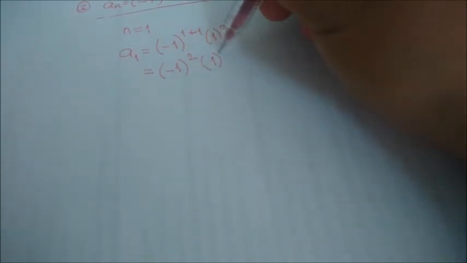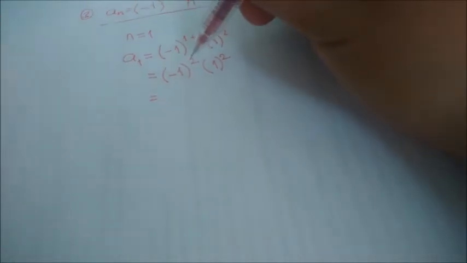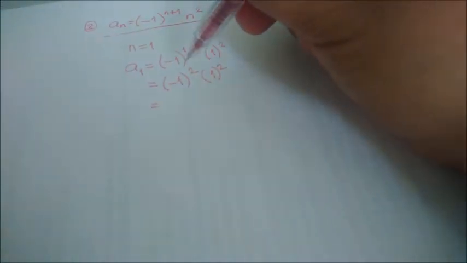Now, simplify natin. Negative 1. So sa exponent, we have 1 plus 1. That will be 2. Tapos, 1 squared. Negative 1 squared. It's the same as saying negative 1 times negative 1.